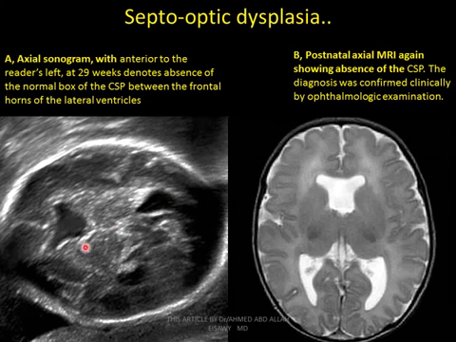Axial sonogram, anterior to the left, at 29 weeks denotes absence of the normal cavum septum pellucidum between the frontal horns of the lateral ventricles. The frontal horns communicate at midline, and postnatal MRI shows absence of the cavum septum pellucidum, confirmed clinically by ophthalmological examination.